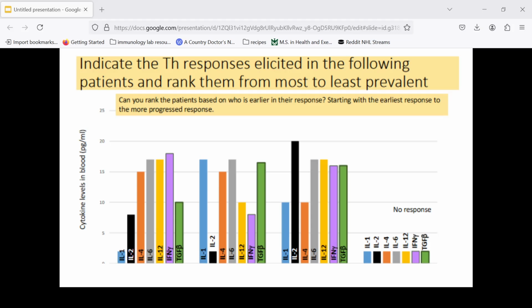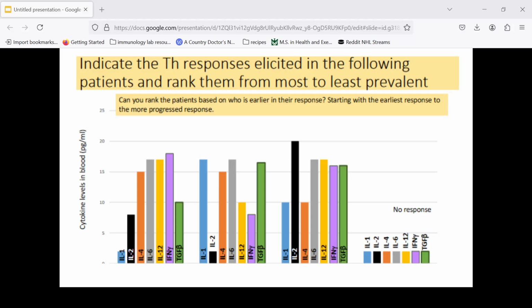This one's kind of a weird example because, as far as I can tell, that's about at the same level that a no response would be. I don't think it's likely that she asks you something like this on the exam, because that would be kind of tricky, not super nice. I don't think that we would have any Th17 based on that comparison to the control, so we're going to assume that there's no Th17 here.